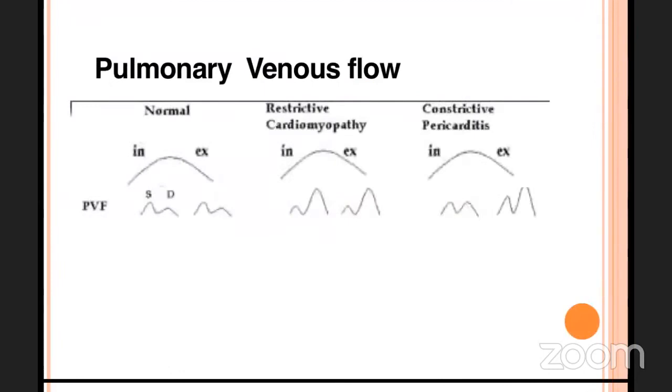But in constrictive pericarditis, in inspiration it is normal, but in expiration the flow becomes mostly diastolic. That is very typical of constrictive pericarditis. Inspiration, normal pattern; expiration is abnormal. But in restrictive cardiomyopathy, diastolic flow is greater both during inspiration as well as expiration. That is very typical of restrictive cardiomyopathy.